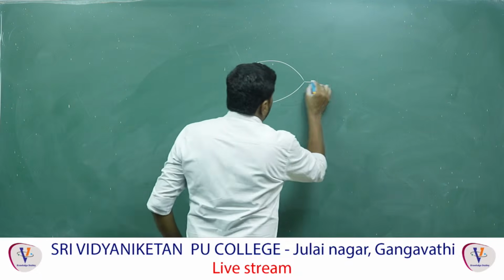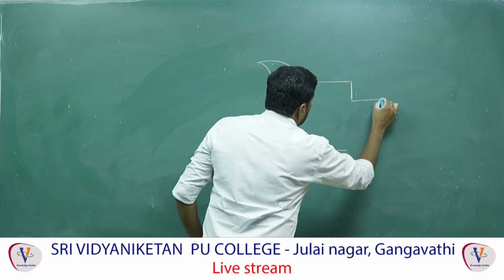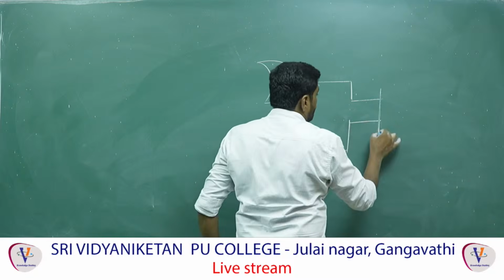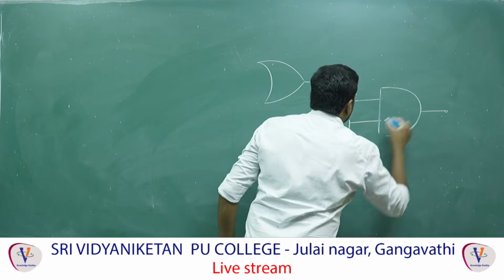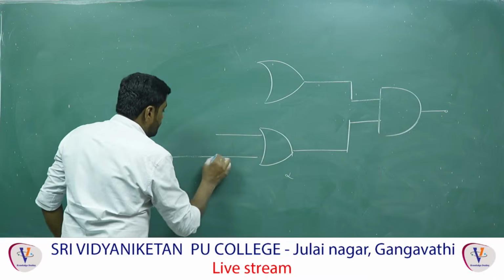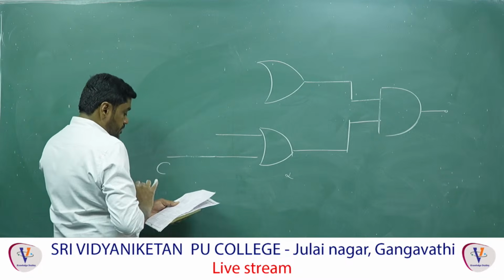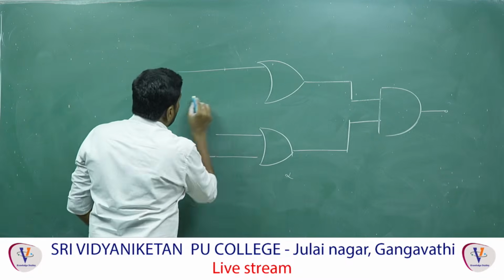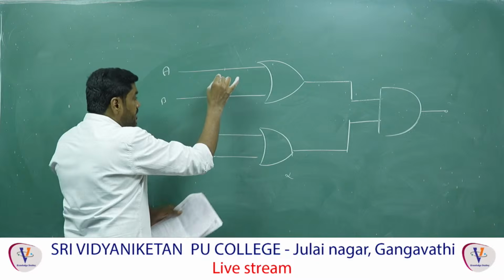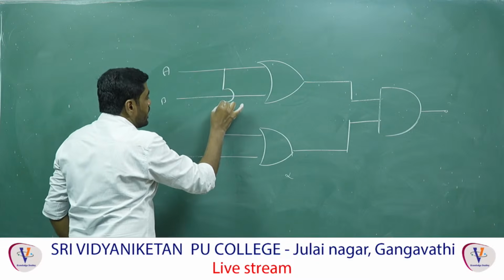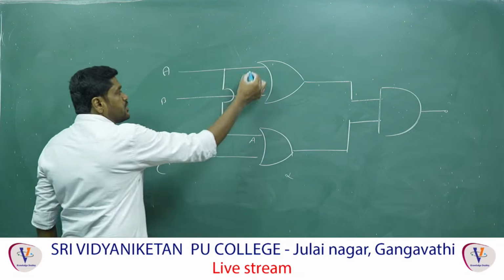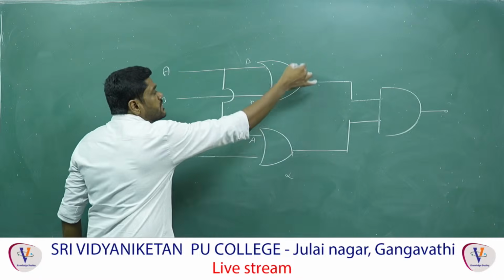From this, two inputs will come, and here they have given C, and here this is A and this is B. From this one more connection is there. Therefore, this is also A only. So here it is A and B. Therefore, this is an OR gate.